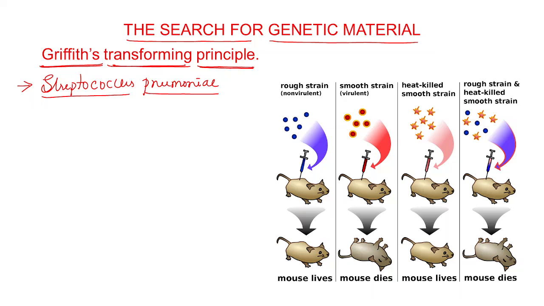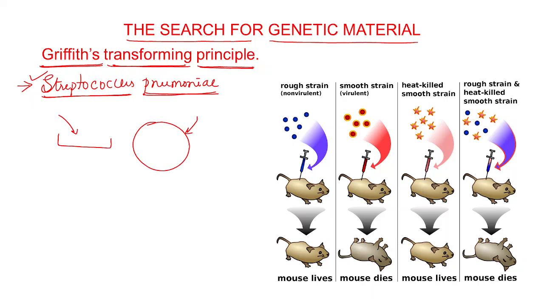Do remember that Griffith, in his time, was working upon the bacterium called Streptococcus pneumoniae, as I have told you. He used to culture the Streptococcus pneumoniae in his laboratory, in petri dishes, the top view I will draw here.